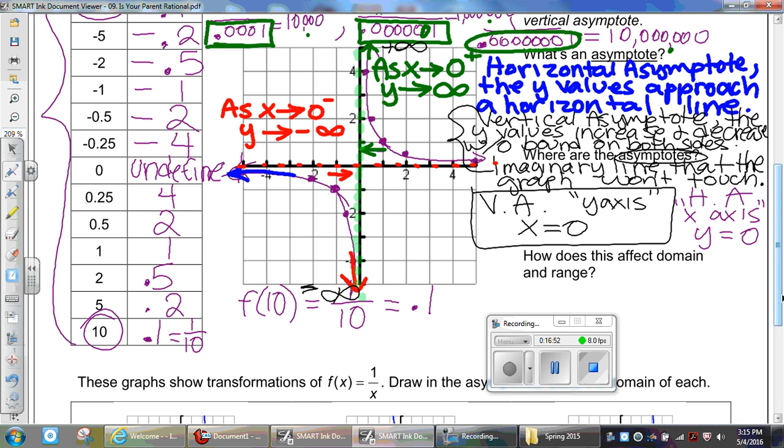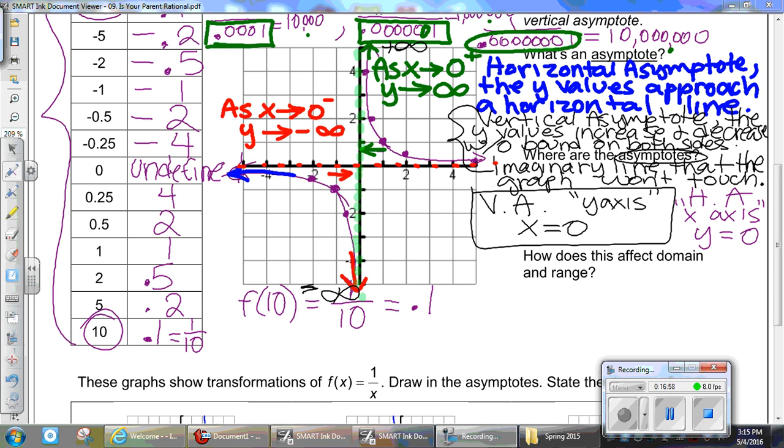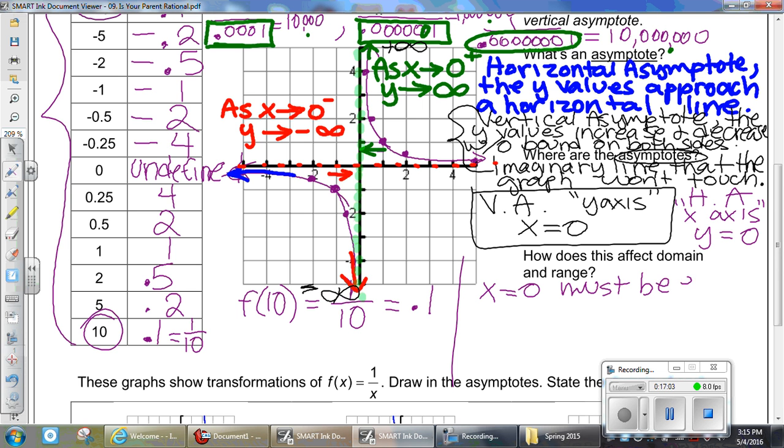Now, how does this affect the domain and the range? I already kind of talked about it. x equals 0 must be excluded from the domain. And also because we have that horizontal asymptote, y equals 0 will be excluded from the range.